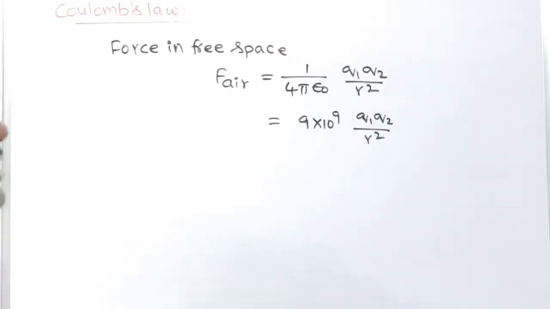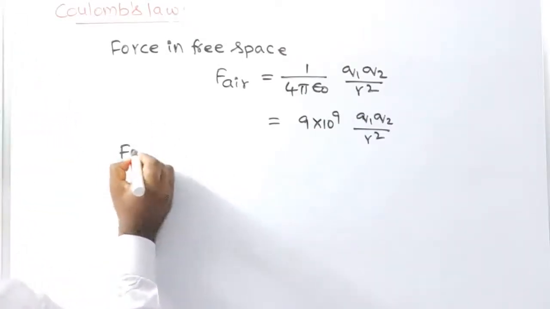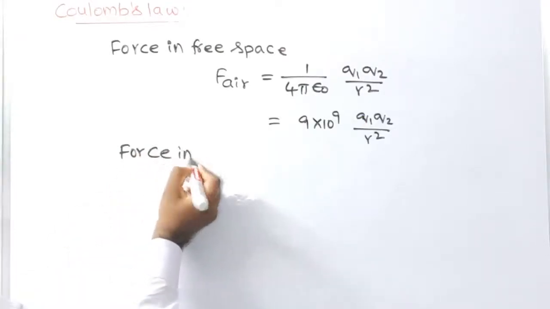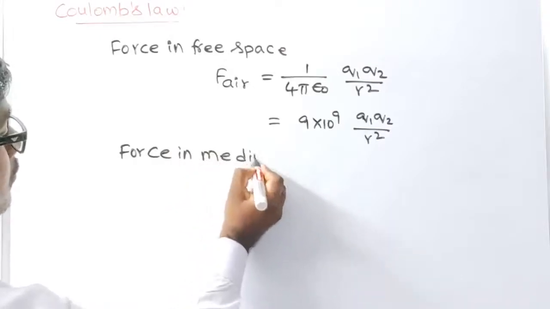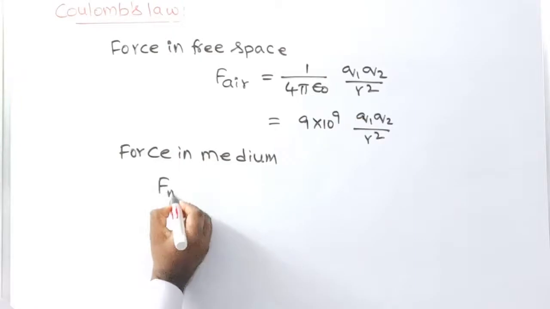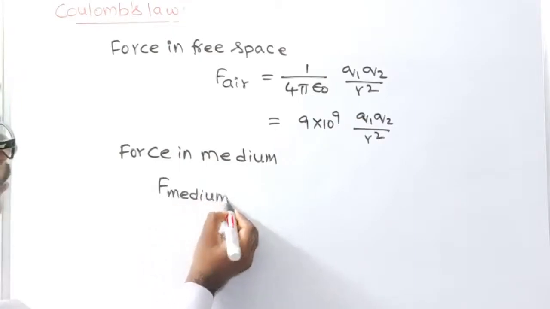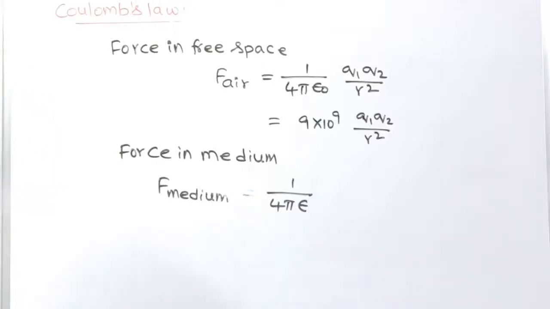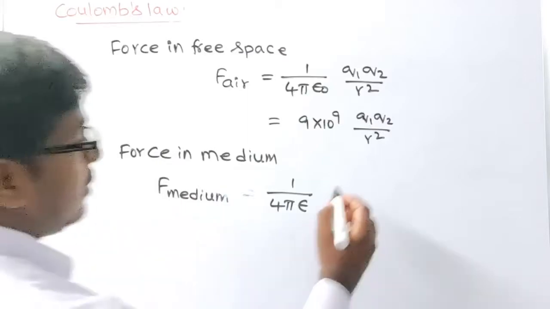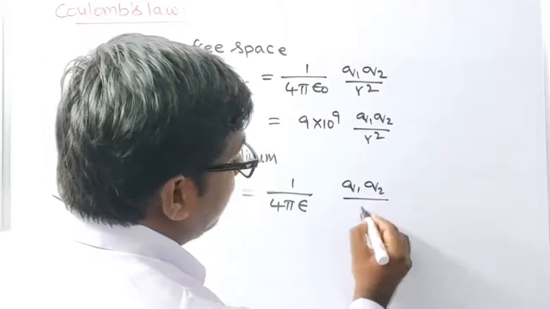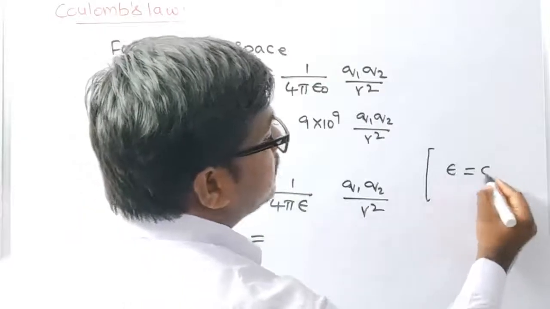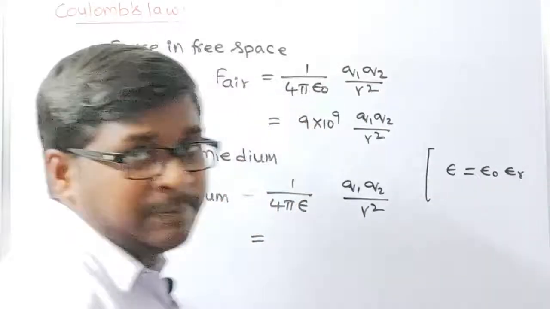The next, force in medium. Force in medium is equal to 1 by 4 pi epsilon q1 q2 by r square, where epsilon is equal to epsilon naught into relative permittivity epsilon r.